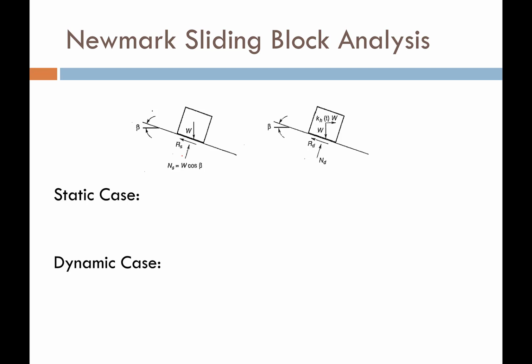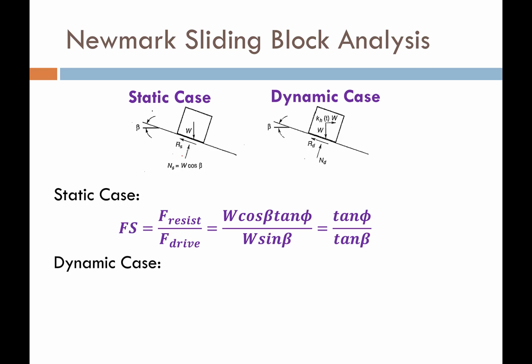So anyway, it becomes a matter of calculating factors of safety. In the static case, the factor of safety is the ratio of this resistance force divided by this downslope driving force that we can derive. The way we're going to do that is it's all just a game of angles. Remember that the coefficient of friction on the bottom of this block, mu, is equal to the tangent of the friction angle of the soil, because we're really tying this back to soil.